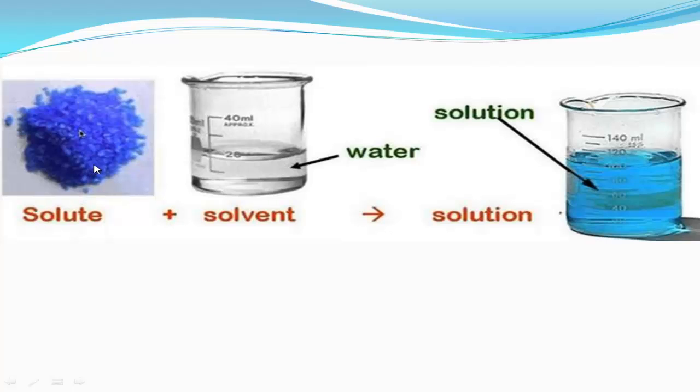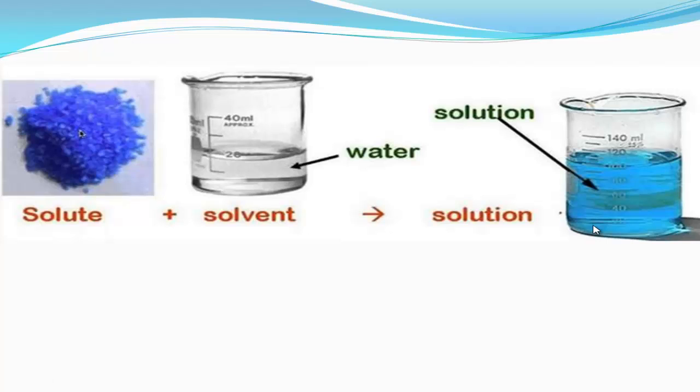Solute is the substance which dissolves inside the solvent and forms a solution. Here water is used as solvent and there is a chemical substance as solute. When we add this chemical substance inside the water, this bluish colored solution is formed. So we can say solvent is a part of a solution.